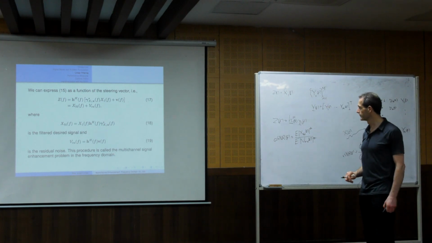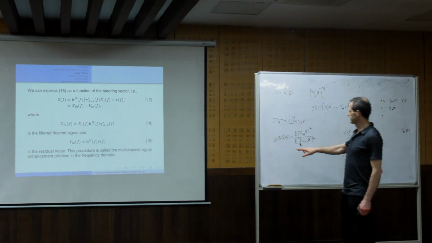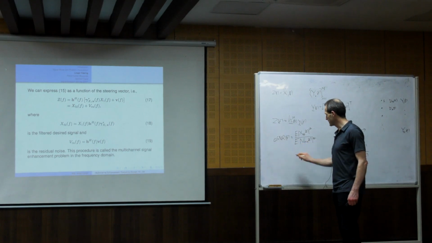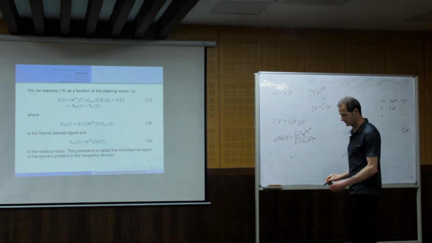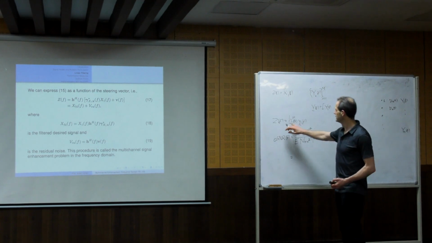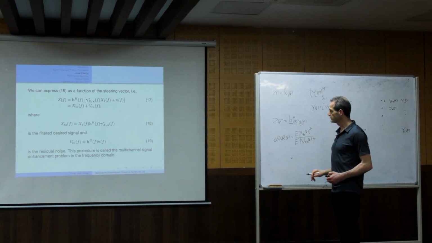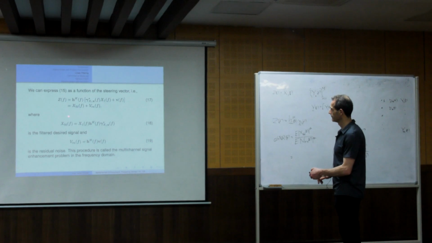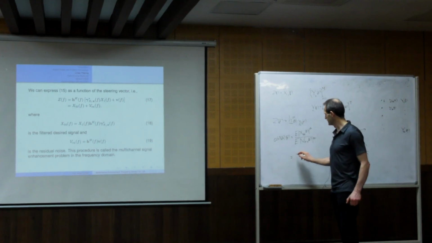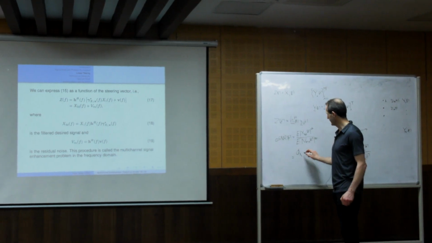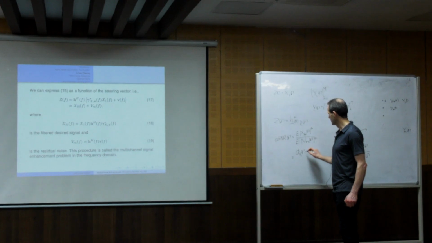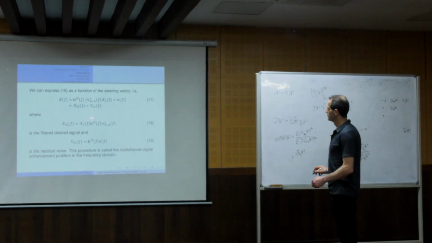Okay? So if I want to write the narrowband output SNR as a function of the filter, you see? So I can write it as phi x1 of f multiplied with this number, magnitude squared.